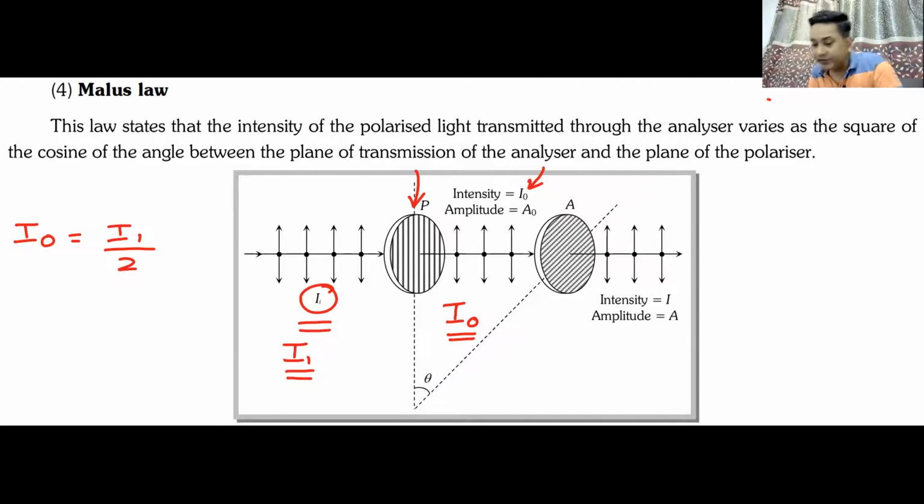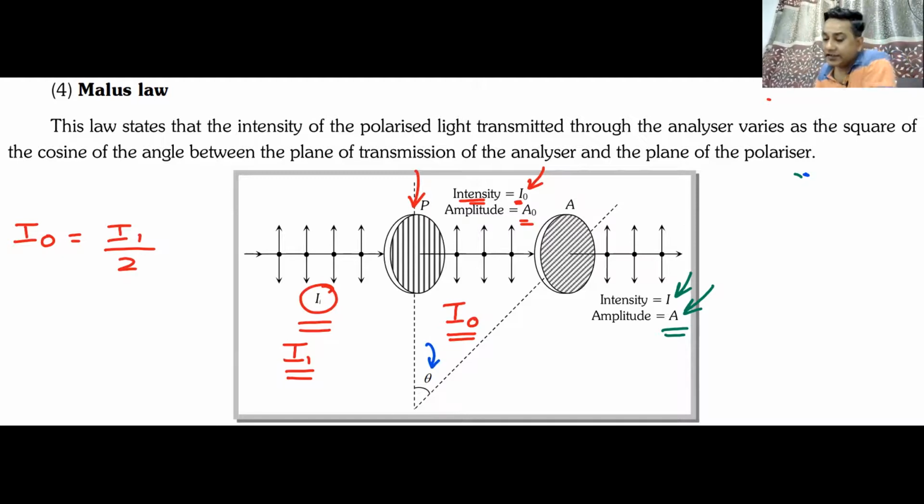Now what we are going to see is the relation between this I naught and this I. Now this I is the intensity after the analyzer, so let me use that green pen here. I is the intensity after the analyzer and A is the amplitude after the analyzer. I naught is the intensity after the polarizer. And you can see one very particular angle here, this angle theta.